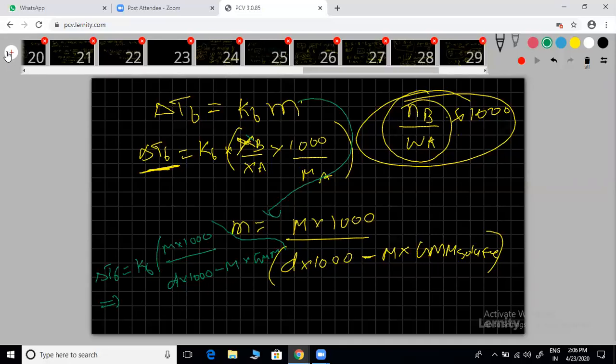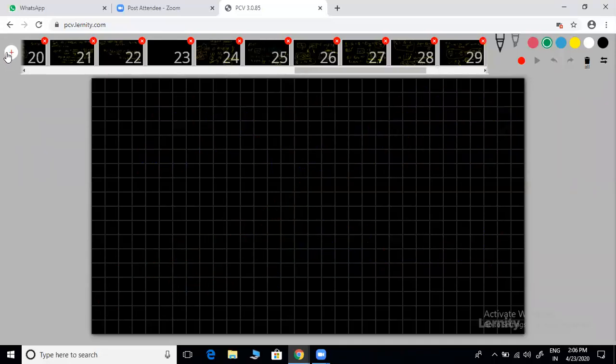I think you understood this one. So till now I discussed two points, mainly relative lowering of vapor pressure as well as elevation in boiling point. We can do numericals based on these by using previous questions.